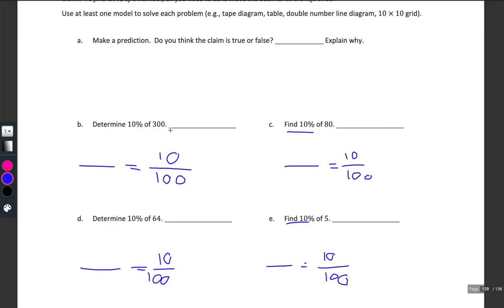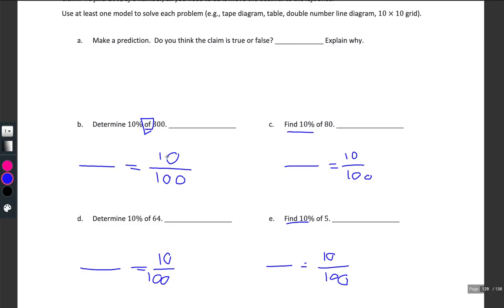Now, one trick I will let you know is whenever you have these finding percents type of sentences, the word "of" is a dead giveaway that the thing that comes after it is the whole number. So when it says of 300, 300 is the whole. Of 80, 80 is the whole.